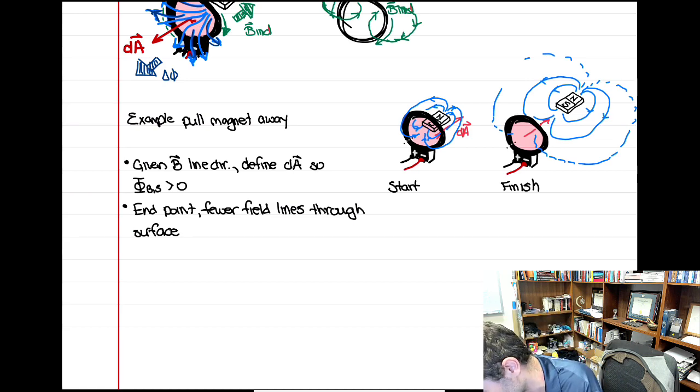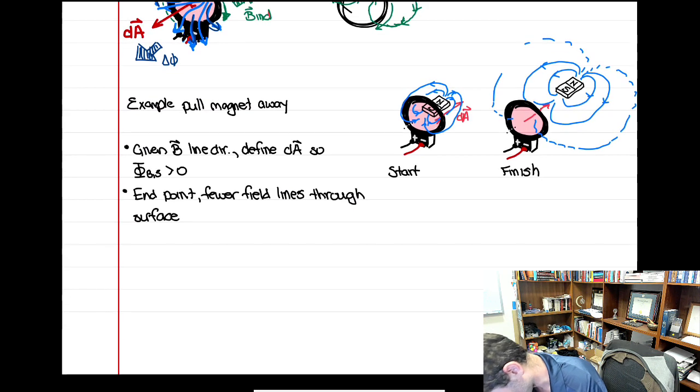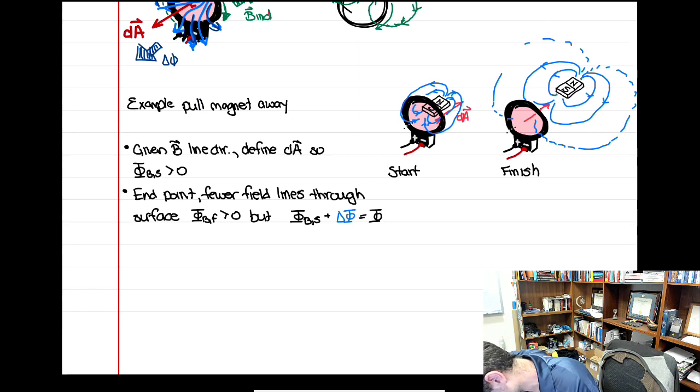So it seems like they should still be going in the right direction through the surface. So I still expect the magnetic flux at the end, at the finish, to be positive. But if I think of the flux start plus this delta flux to equal the flux that's finished, it seems like the flux is overall decreasing.